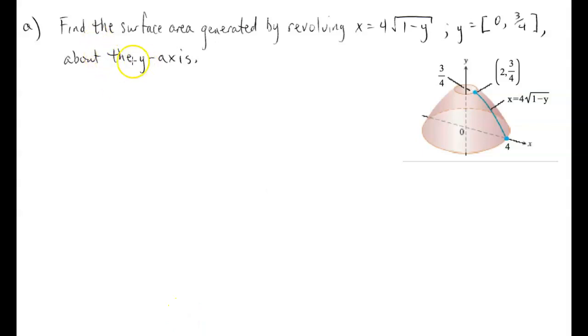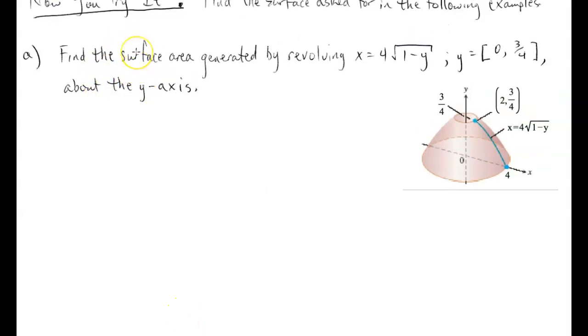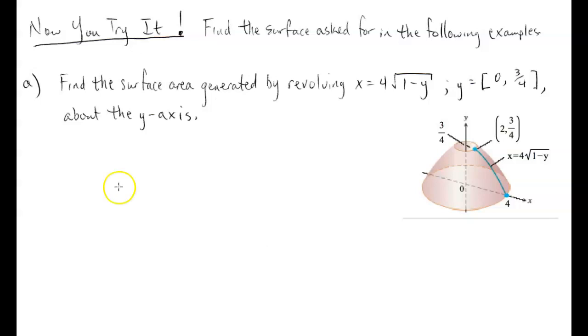All right, so for our first example here, we're going to try some stuff. We want to find the surface area generated by revolving this particular function on this interval of y values. Note that already this is a function of y and not of x.